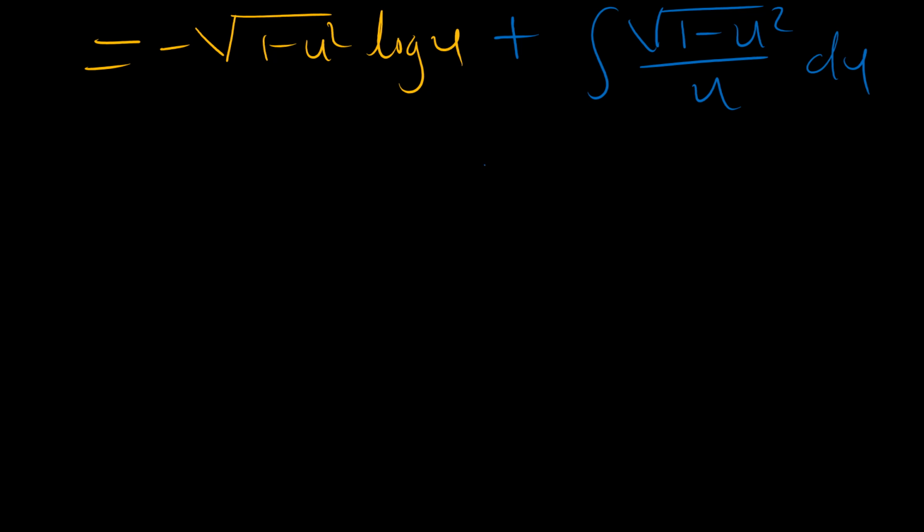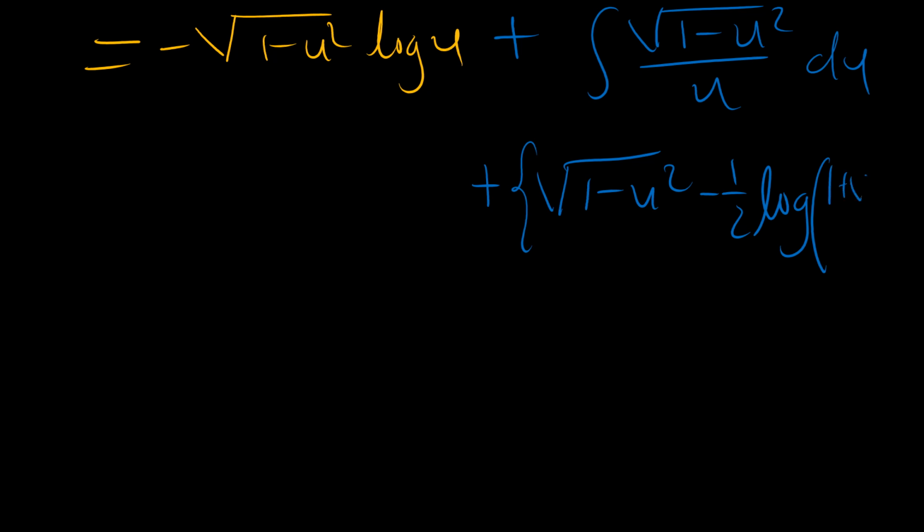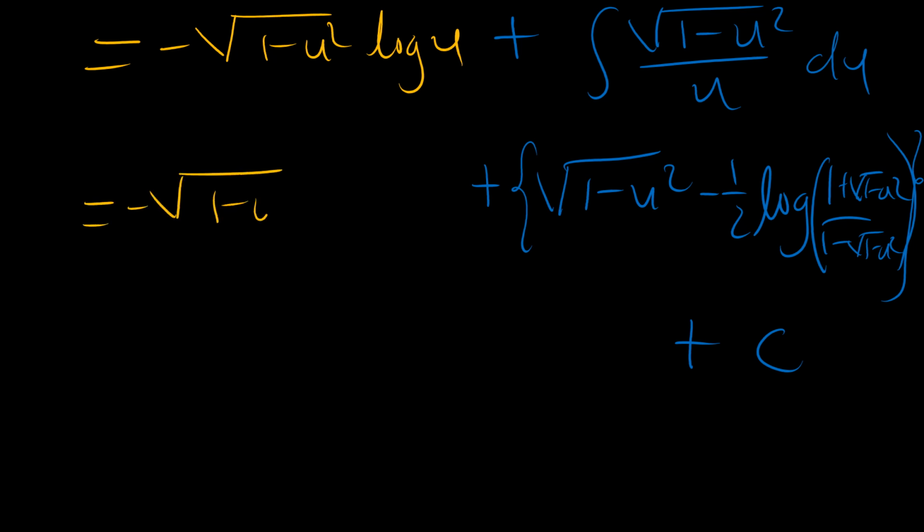And this part we just found to be equal to square root of 1 minus u squared minus a half logarithm of 1 plus square root of 1 minus u squared over 1 minus square root of 1 minus u squared, plus the integration constant, but coming back here we can just bring this top part there.